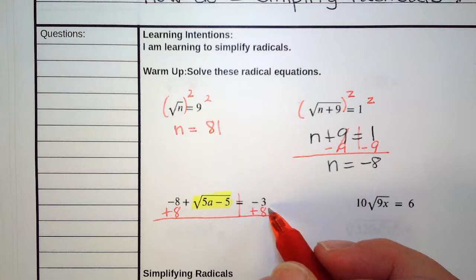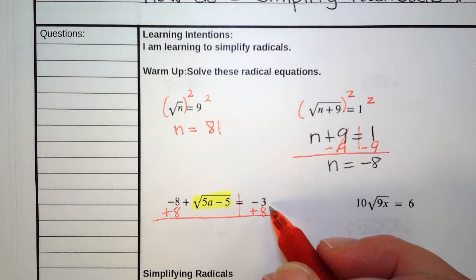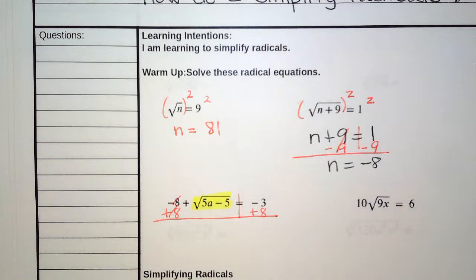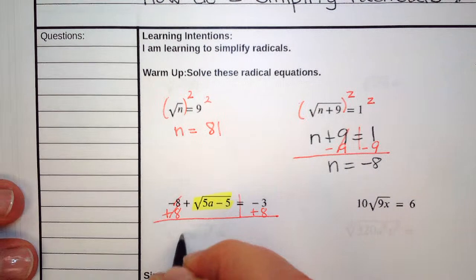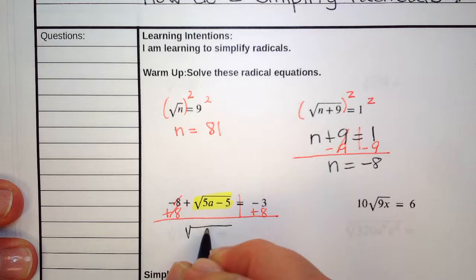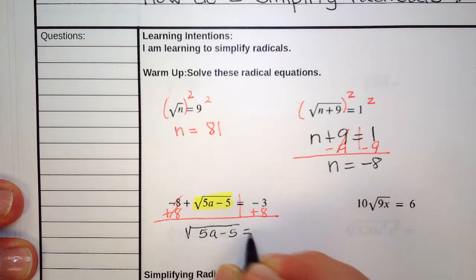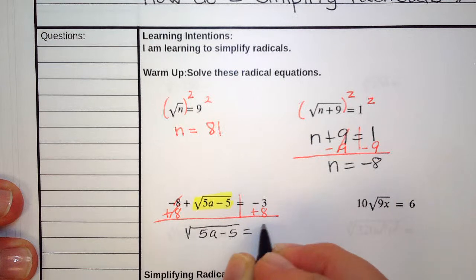Remember, if I have a negative number on the opposite side of the equal sign, I cannot do it because we cannot take the square root of a negative number. So these cancel out, and I've got the square root of 5a minus 5 is equal to -3 plus 5 is 5.